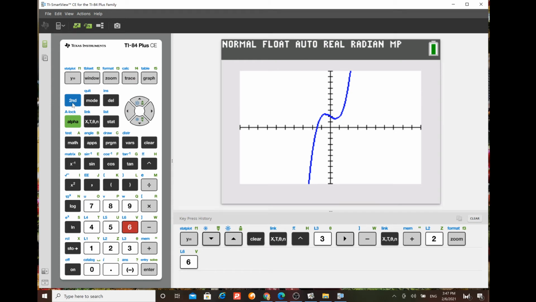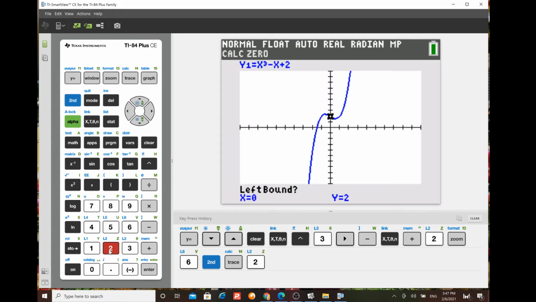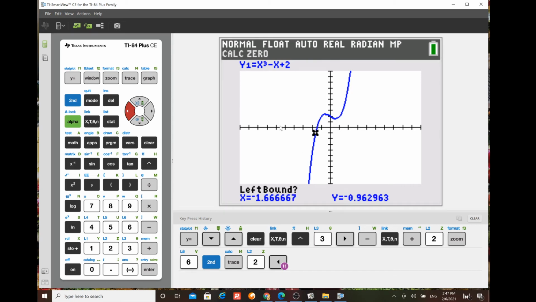So all you need to do is go to second, trace, hit 0, and now the calculator is asking about the left bound. This one is an increasing curve here, so left bound should be anywhere below the x-axis, getting close to the zero. Left bound, press enter.